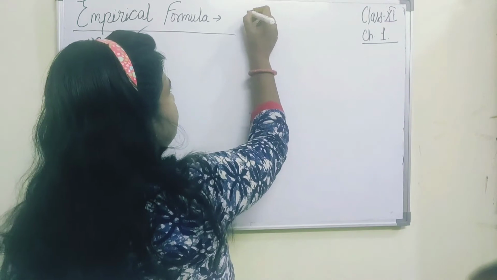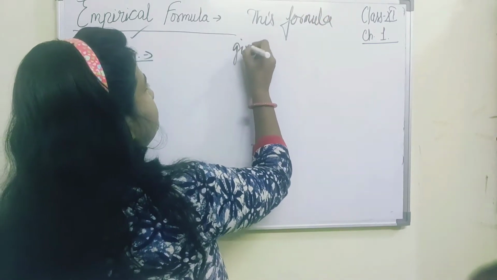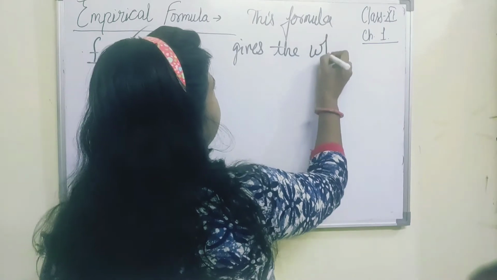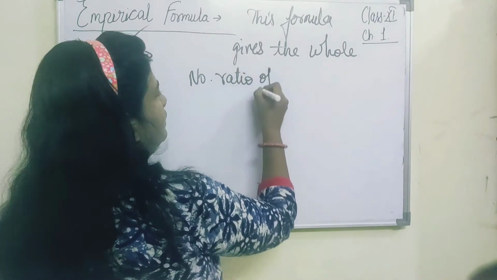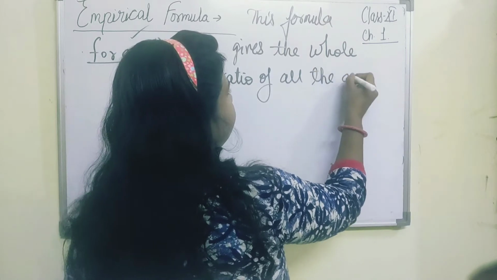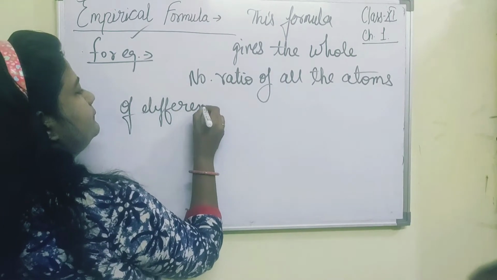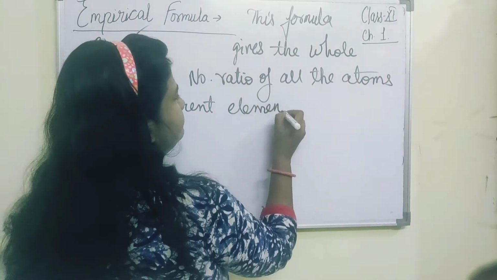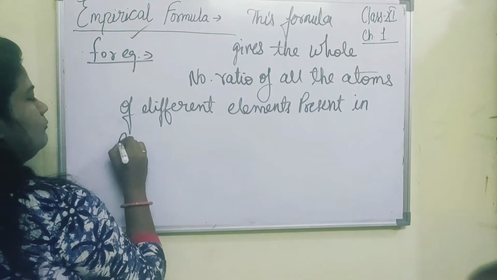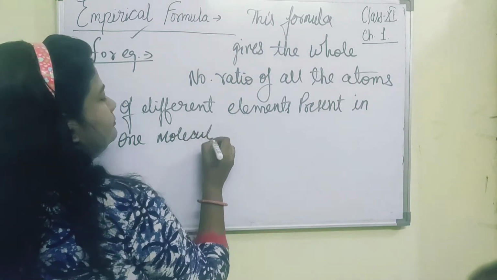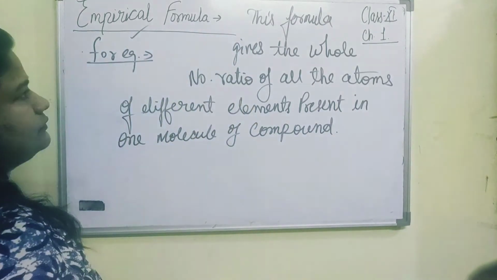Actually, this formula gives the whole number ratio of all the atoms of different elements present in one molecule of compound. Okay, this formula gives that.